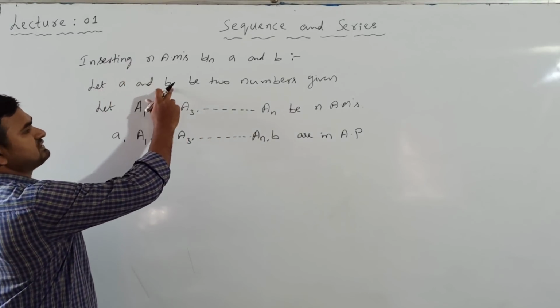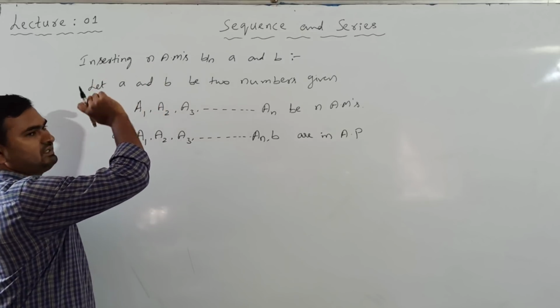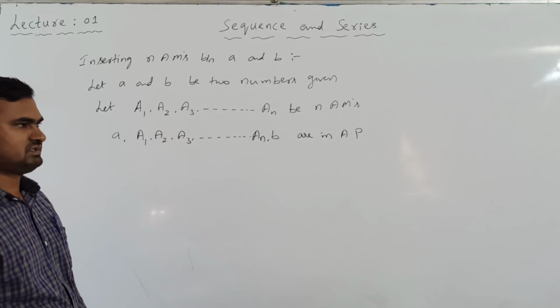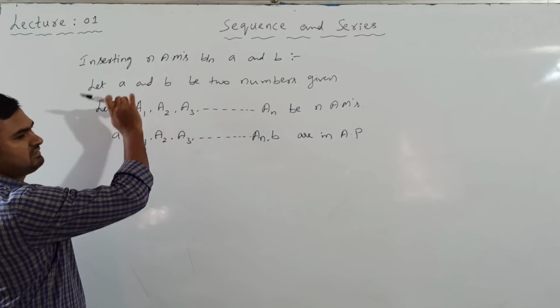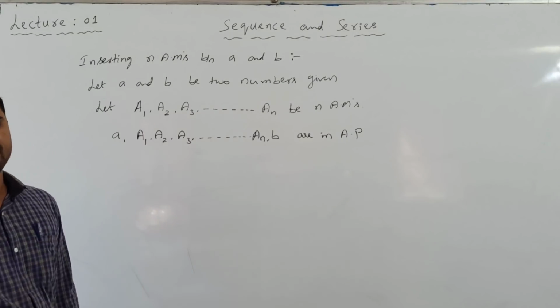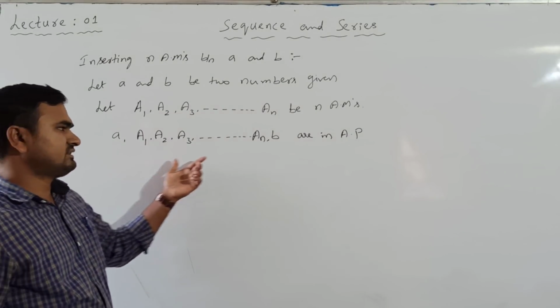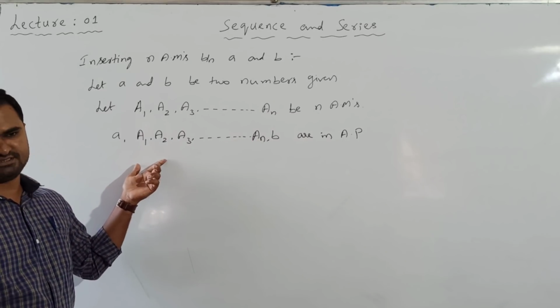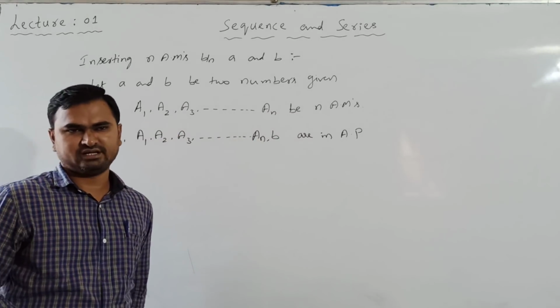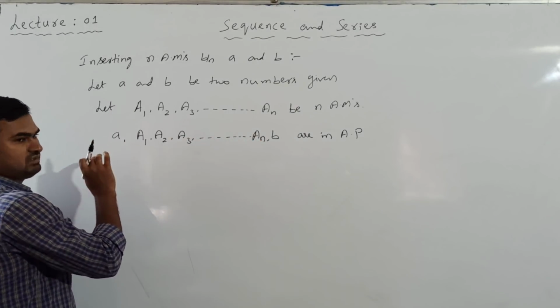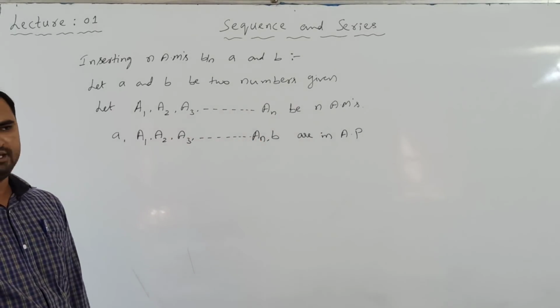What we are given is A and B, and how many numbers we are inserting, that is the n value, is given. So with the help of A, B and n values, how do we find these numbers A1, A2, A3 up to An? Since they are in arithmetic progression, with the help of the first term and common difference, we can find any term that is required. For this arithmetic progression, the first term is already known, that is small a.